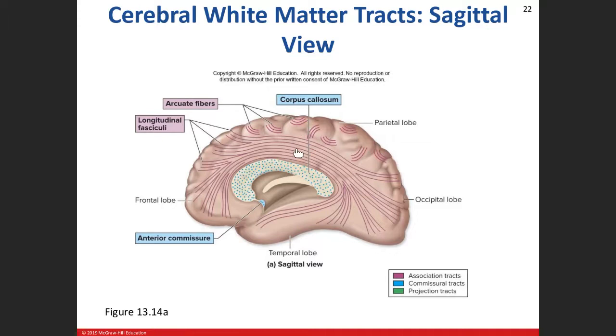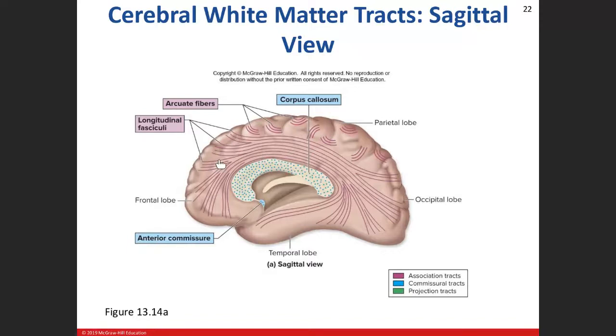Okay, so let's start off here with the association tracts. They stay all on the same side. Here we have our smaller arcuate fibers, and they just go from one gyrus to the neighboring one. And then you've got these longitudinal fasciculi. These are the ones that will go from the frontal lobe all the way back to the occipital lobe, or from the frontal to the parietal, parietal to the frontal.